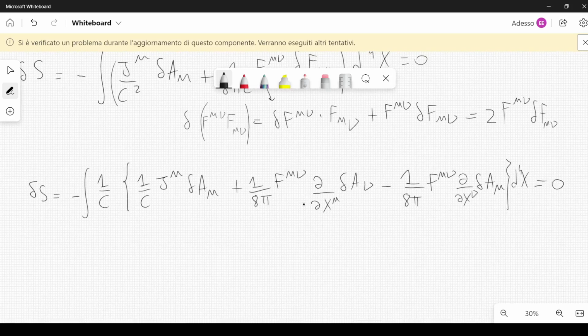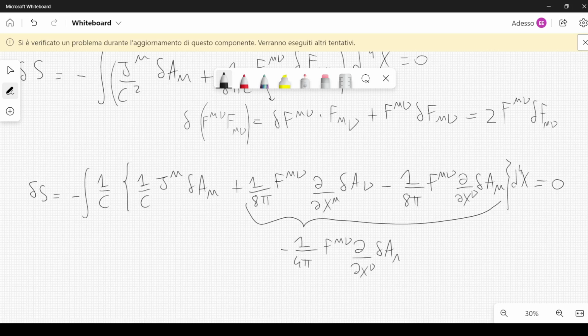But now you can check that this expression here, these two terms, can be added together, and I can get minus 1 over 4 pi f mu nu, derivative with respect to x nu, delta A mu. So basically this term is equal to this one.